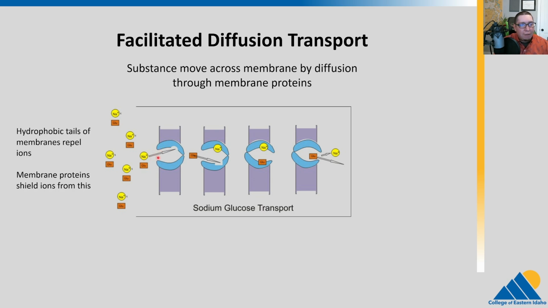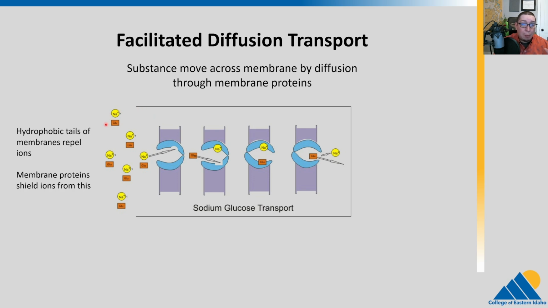This is why if you drink like a Gatorade or something like that, having glucose in there can help move the sodium ions in there, the electrolytes, because they move together. So the sodium and the glucose bind to this transport temporarily, and then it opens up and allows them in.